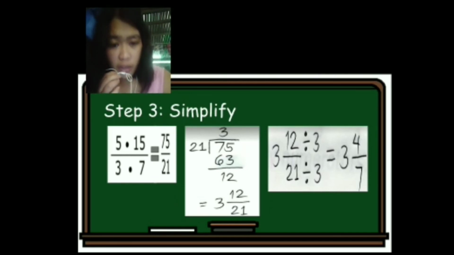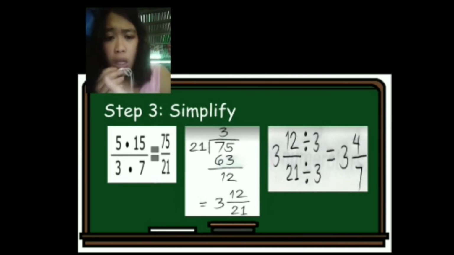The result of 3 is the whole number, so we put it here. Then the 12, which is the remainder, goes at the numerator, and we just copy the denominator 21. So we have 3 and 12 over 21.